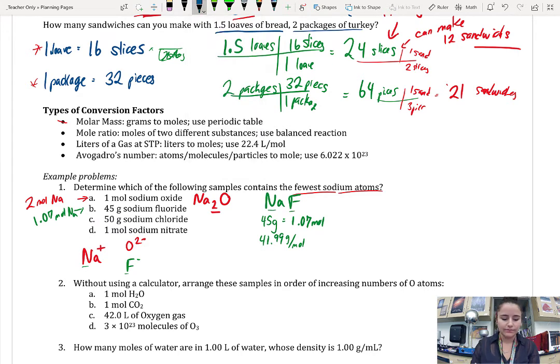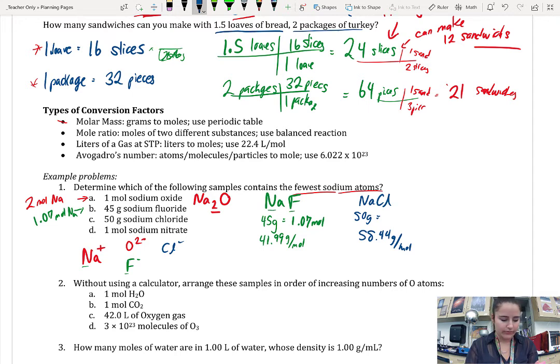Now let's analyze C. We have sodium chloride. Chloride is Cl minus. You probably know that sodium chloride is NaCl. And its molar mass is 58.44 grams per mole. Okay, and I have 50 grams of it.